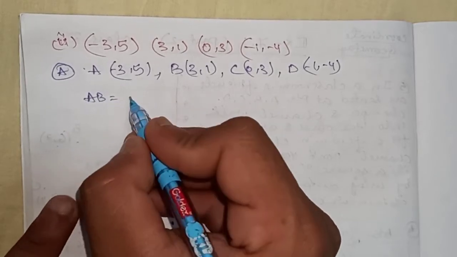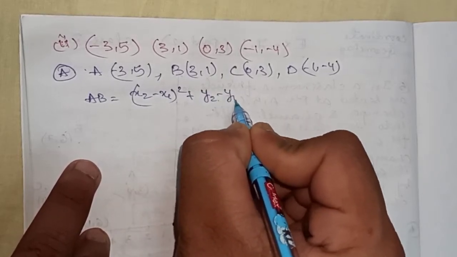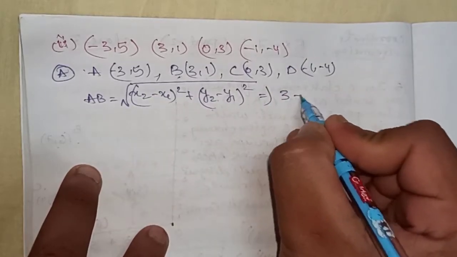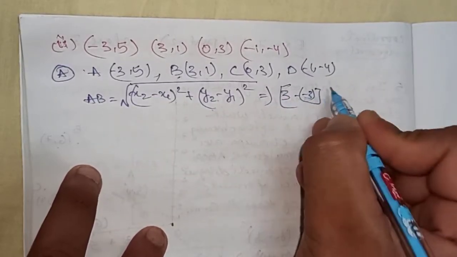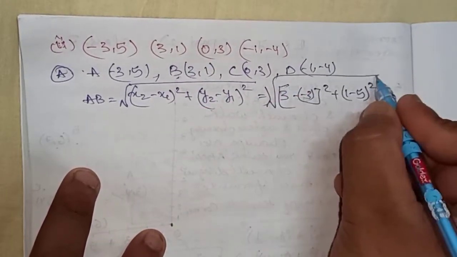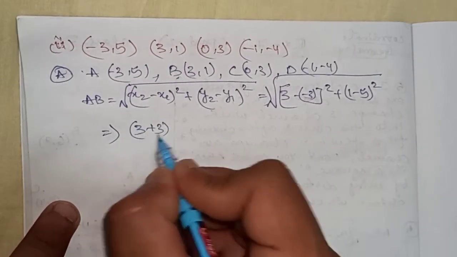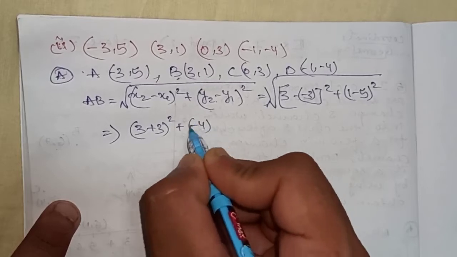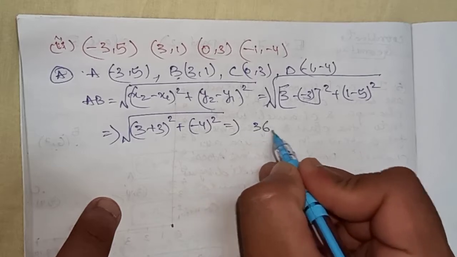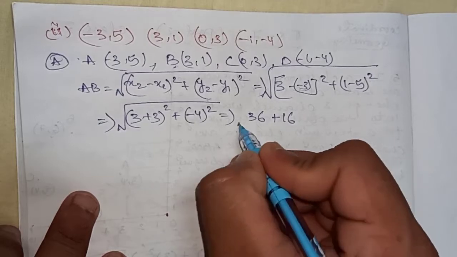So AB is the square root of (x2 minus x1) whole square plus (y2 minus y1) whole square. x2 minus x1 is 3 minus minus 3 whole square plus 1 minus 5 whole square. 3 minus minus is plus, 3 plus 3 is 6, 6 square is 36, plus 1 minus 5 is minus 4 square, which is 16.